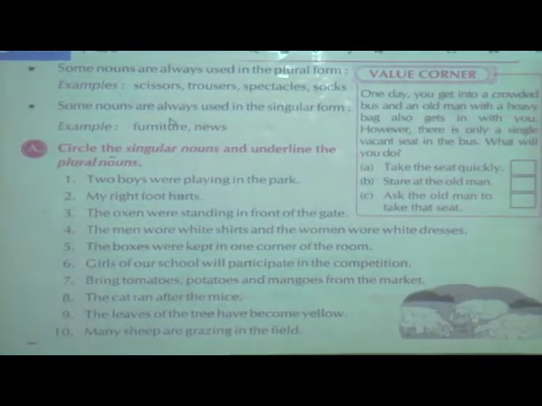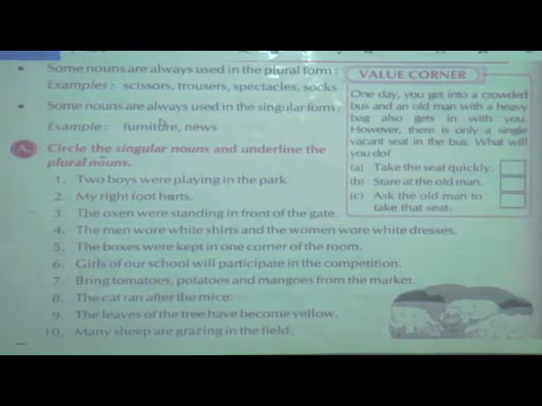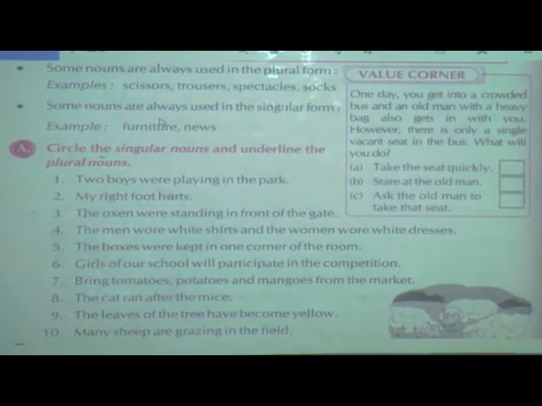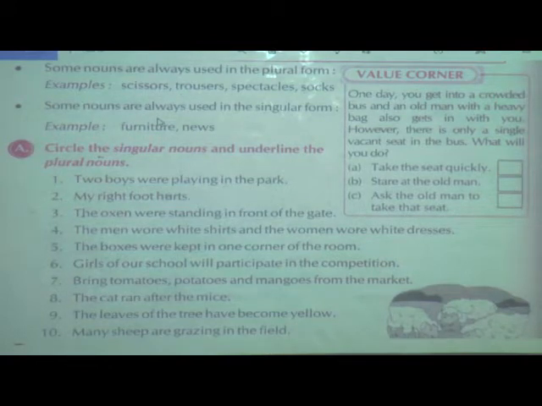You have to read properly the instructions which are given, and along with me you have to solve. It will hardly take a second to circle and underline whatever we are doing. So ready, students? Okay. So what is exercise A? They have told that you have to circle the singular nouns and underline the plural nouns.